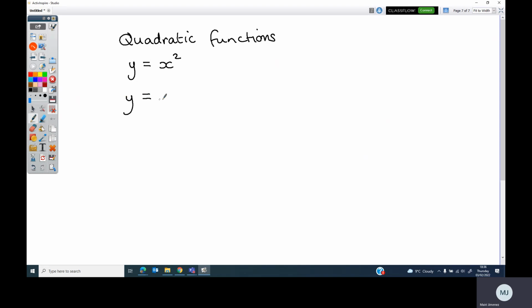Even if you have a function that's got other stuff involved, even if it's 2x squared subtract 3x plus 1, just made one up there, it's got other things involved, but it's got the x squared, so that's still a quadratic. Even if it's got negative x squared and some other stuff, the highest power of x is x squared, so it's a quadratic.